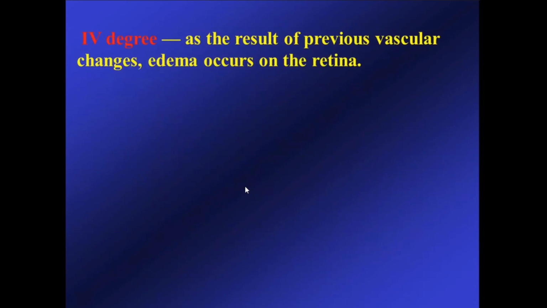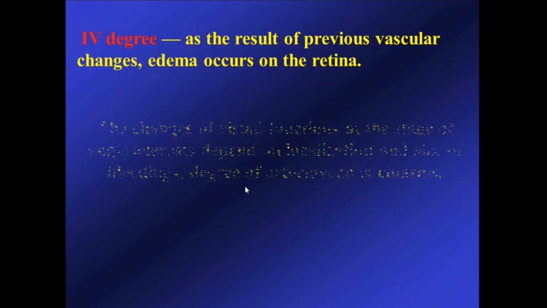And fourth degree of the symptoms of Salus and Gunn, as a result of previous vascular changes, edema occurs on the retina.